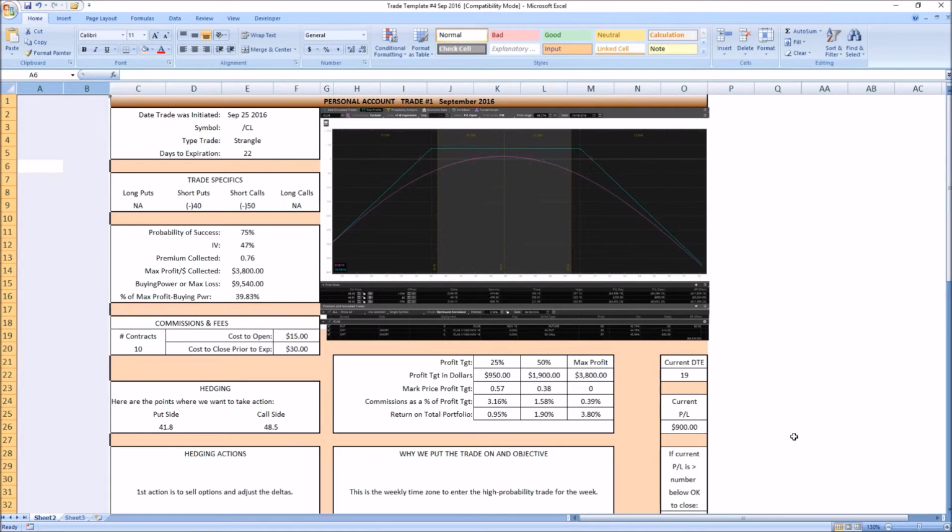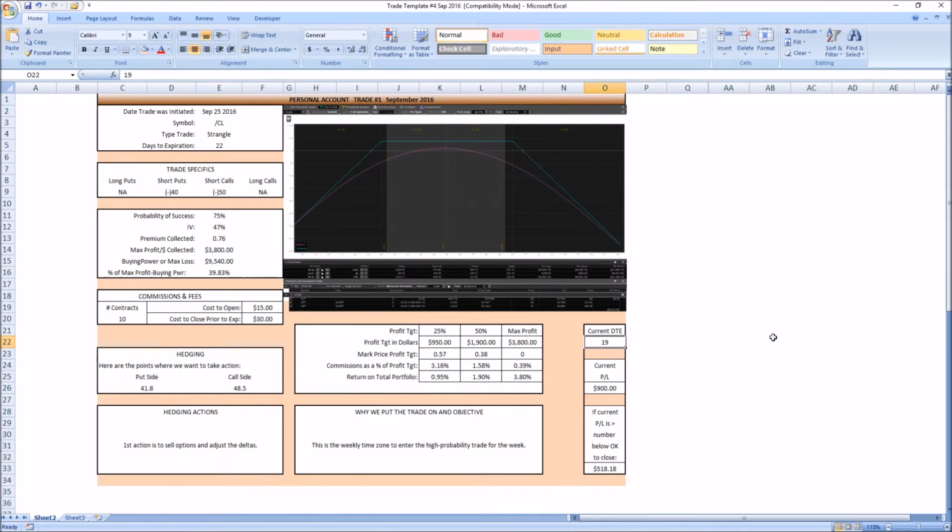The final trade we want to look at is the crude strangle that we placed in my personal account. So we put this trade on Sunday night, September 25th. We had 22 days to go. Nothing's changed in the trade specifics. Currently have 19 days to expiration. Hold on just a second. There we go.